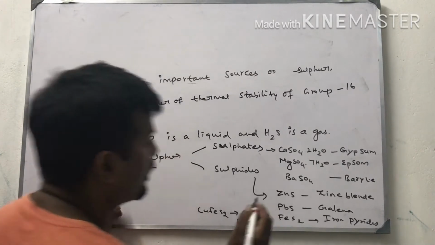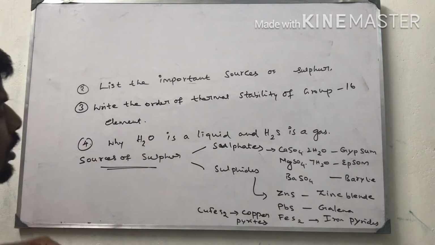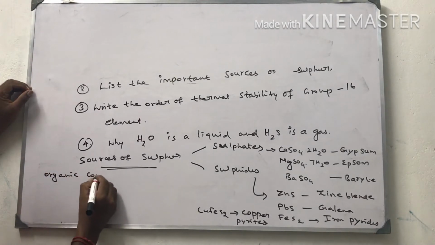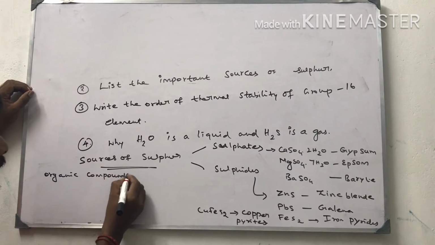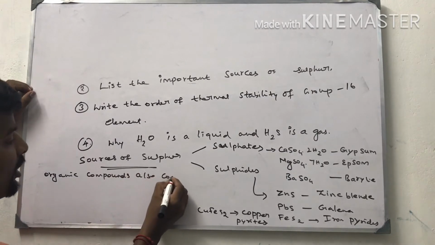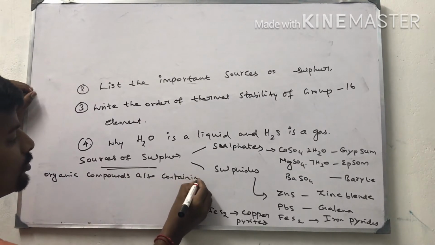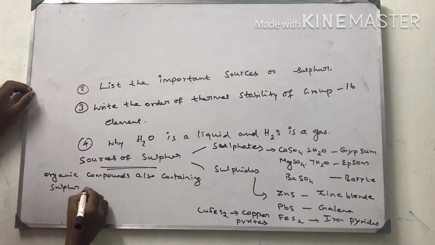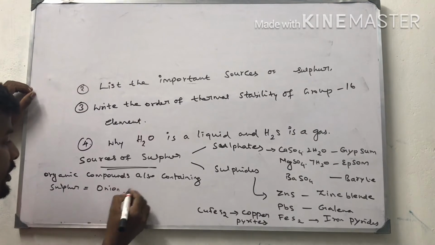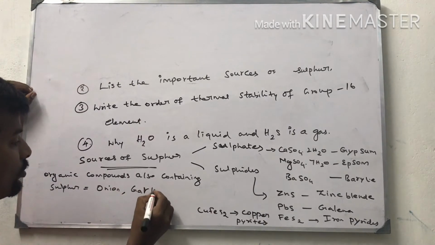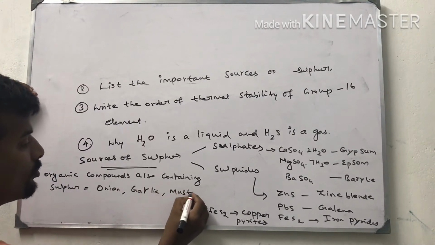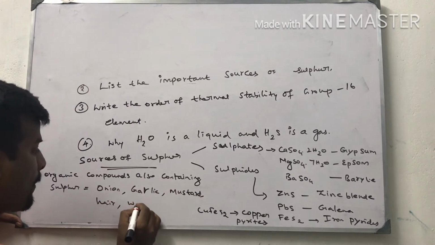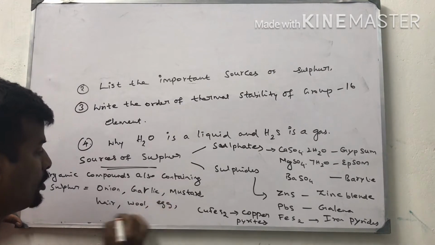So these are the sources in minerals. Organic compounds also contain sulfur. What are they? Onion, garlic, mustard, hair, wool, egg, proteins.